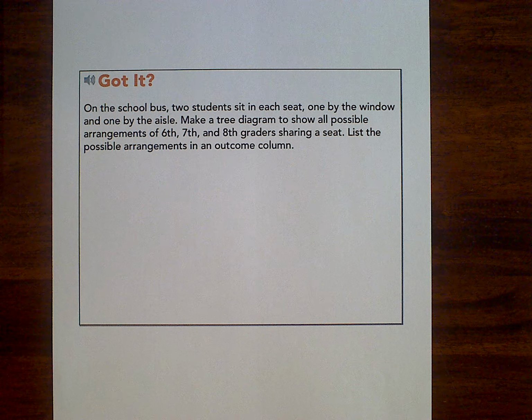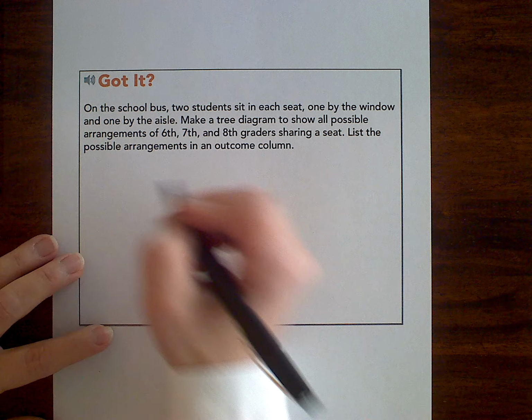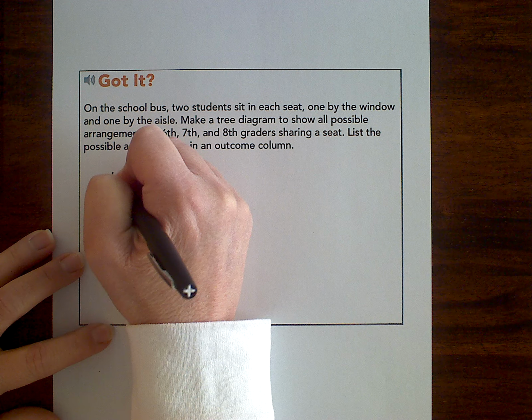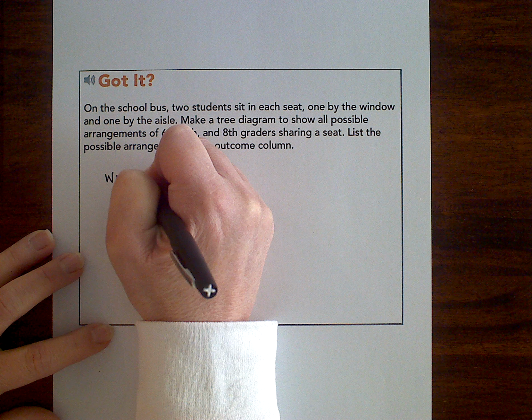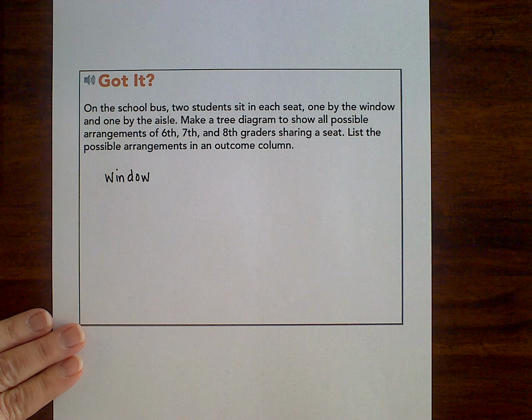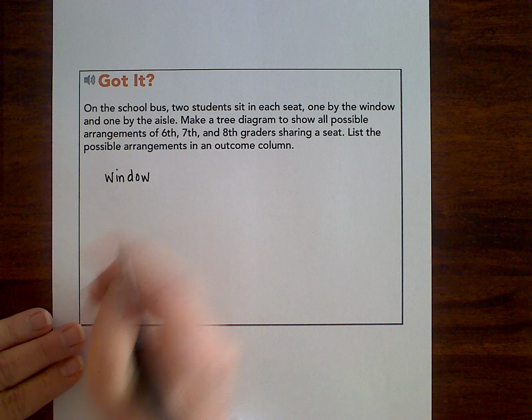And then we can list these possible arrangements in an outcome column. So here's what we're going to do. When you get into the seat on the bus, your first place to sit would be by the window. And if you're the second person to sit in the seat, then you sit on the aisle.